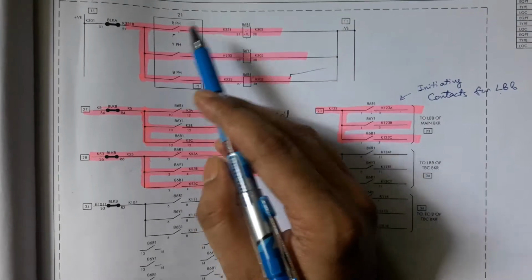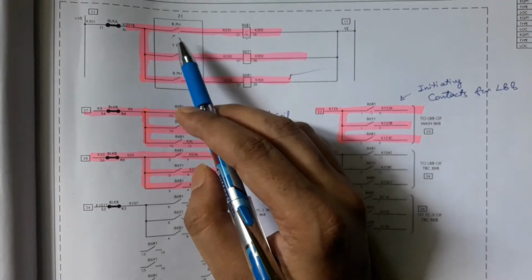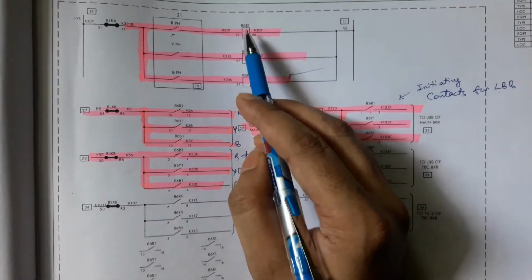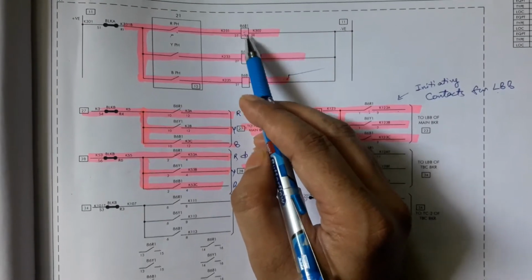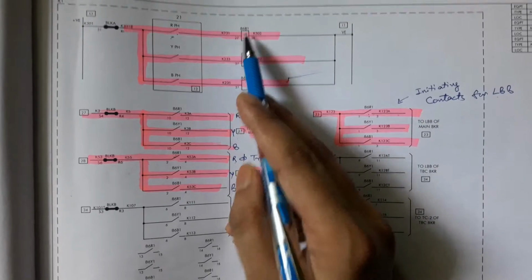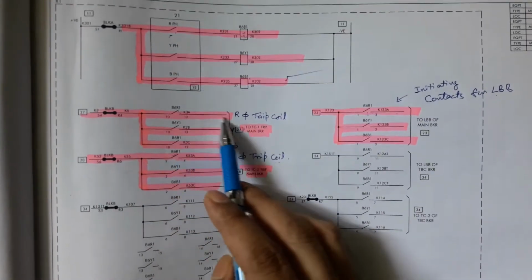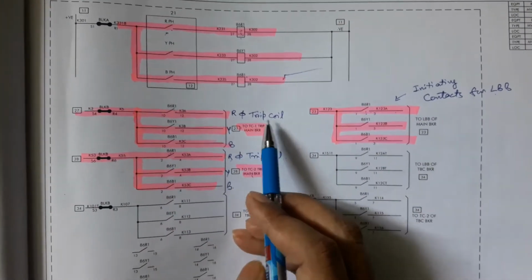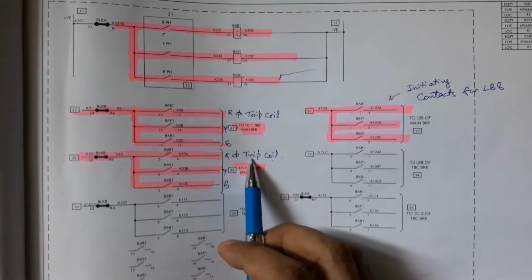If any single pole to ground fault occurred in red phase, then only this red phase 86 will operate, and this single pole red phase 86 will provide trip pulse to the red phase trip coil of the circuit breaker.